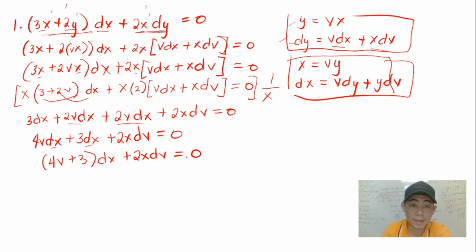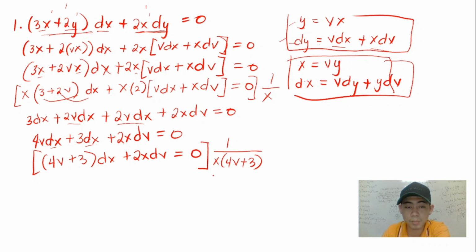Now, when your equation or solution looks like that, that's the time that you need to use variable separable. What we mentioned earlier, the homogeneous equation is a continuation of separation of variables. So, use variable separable, divide the whole equation by x times (4v plus 3).